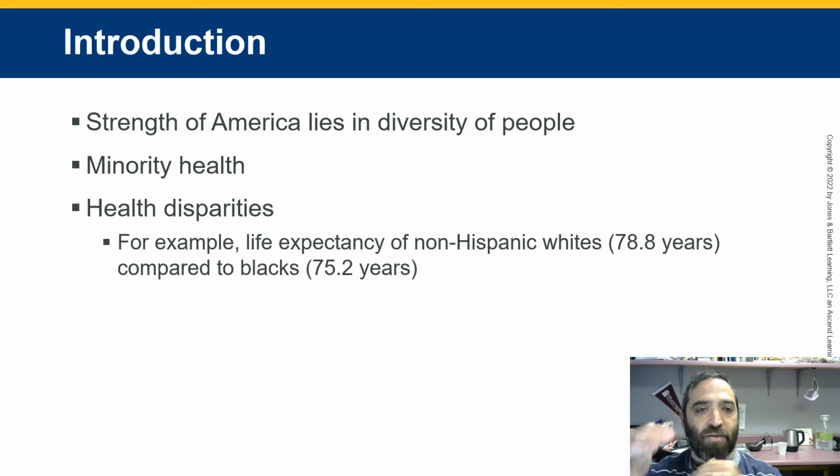For example, non-Hispanic whites have a life expectancy, at least at birth, of about 79 years compared to blacks, which is about 75 years. That difference is referred to as the health disparity between those two groups.